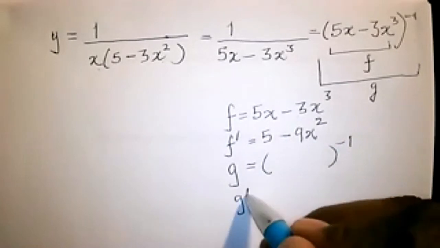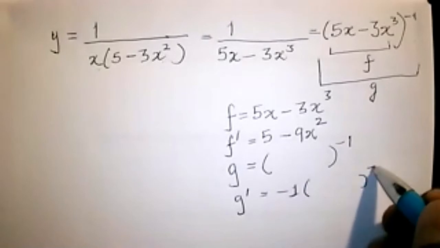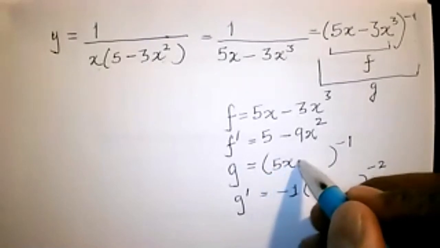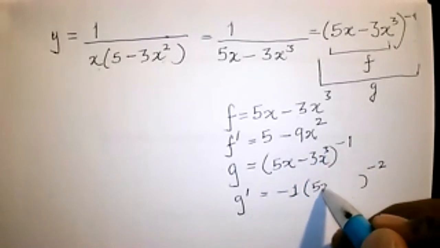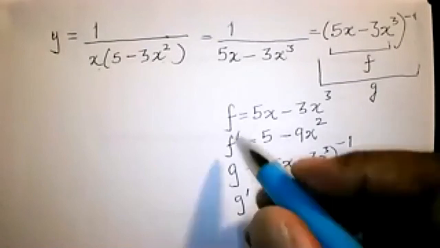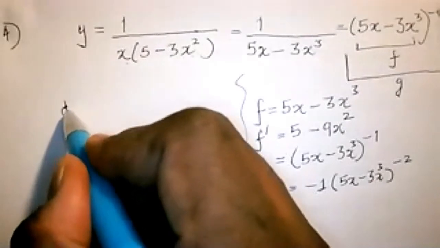And then g prime will be negative 1 bracket to the power negative 2. So now I can write in the contents: 5x minus 3x to the power 3. And here the same, 5x minus 3x to the power 3. And we are done.